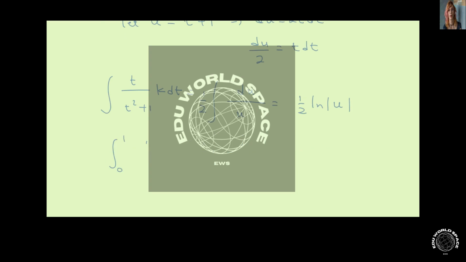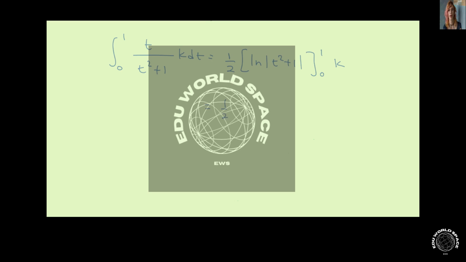So if we now introduce the boundaries, you would have half ln, and instead of the u we put the t squared plus 1 there, and we're evaluating from 0 to 1, and this is the k component, so this is half ln of 1 squared plus 1, then minus ln of 0 squared plus 1, and that's k.